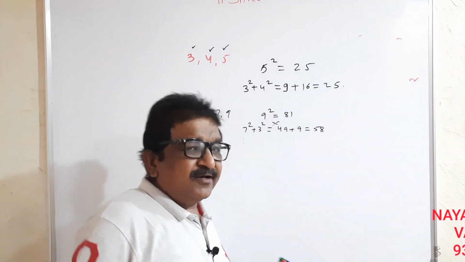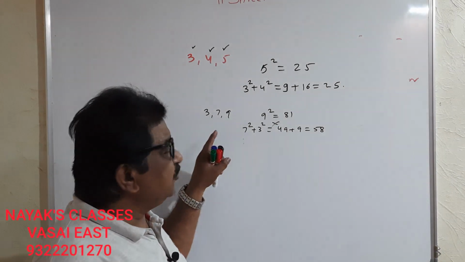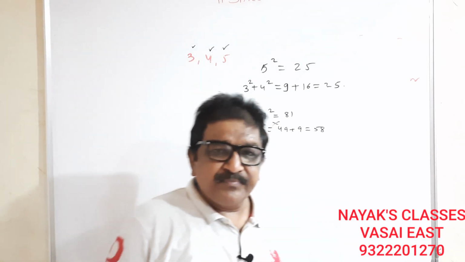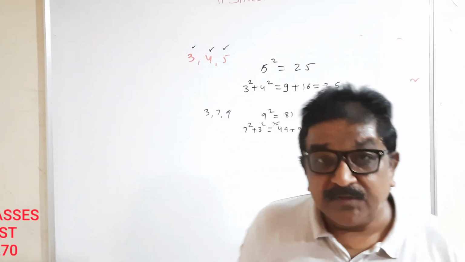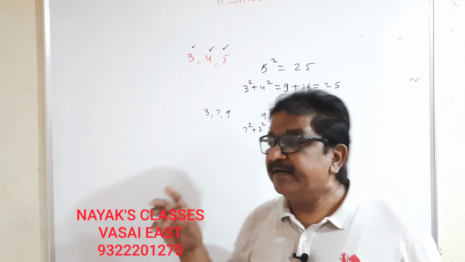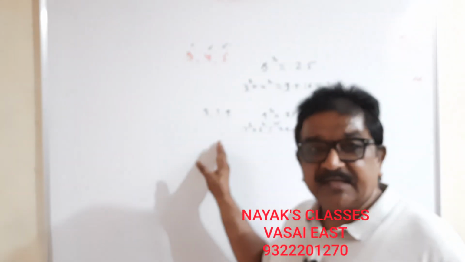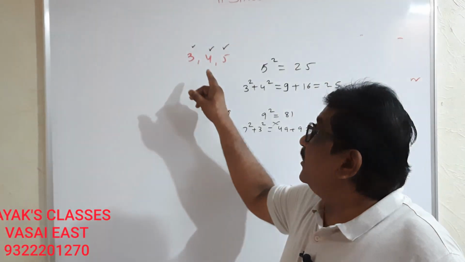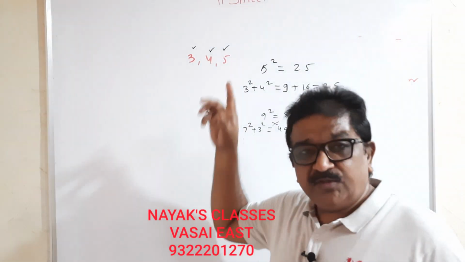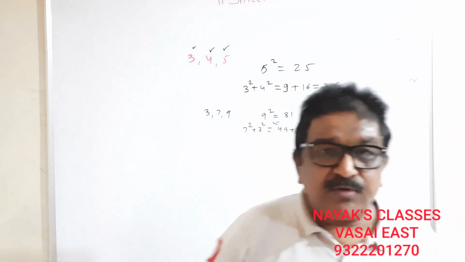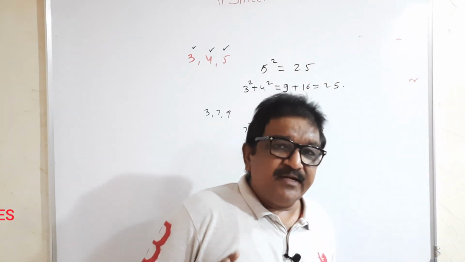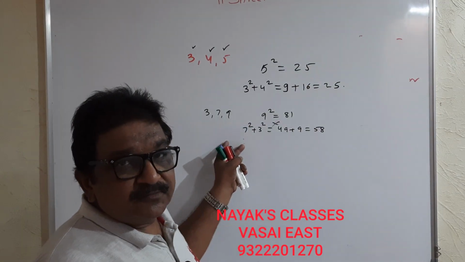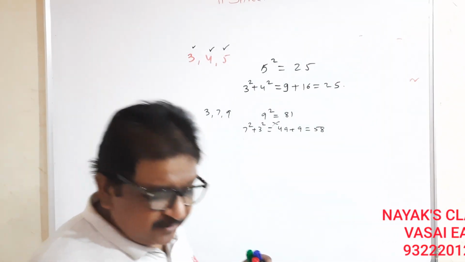Pythagoras says that if you use these numbers as units, say centimeter or meter, you cannot draw a right angle triangle. If they are a Pythagorean triplet, the triangle can be drawn. Otherwise, a right angle triangle cannot be drawn with any numbers. So he gave the name Pythagorean triplet.